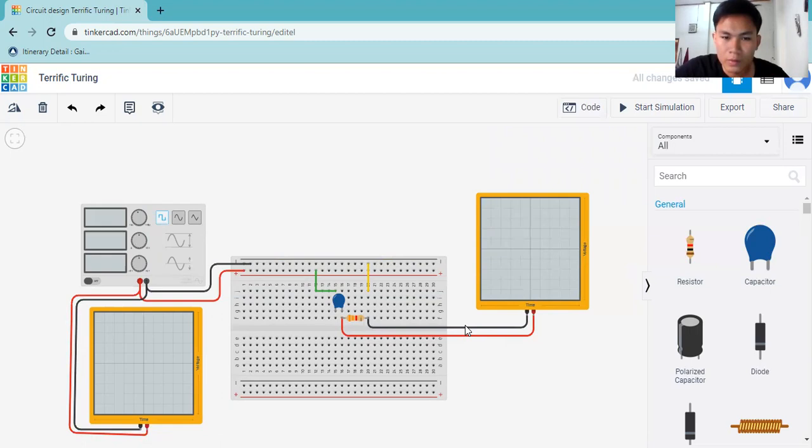And we want to see the graph of this capacitor.